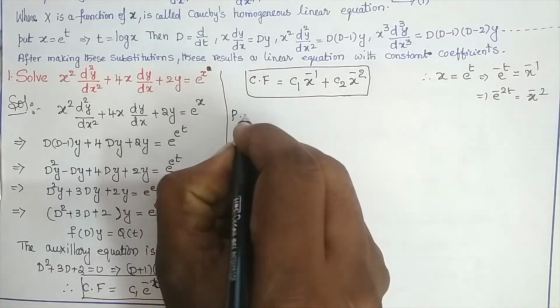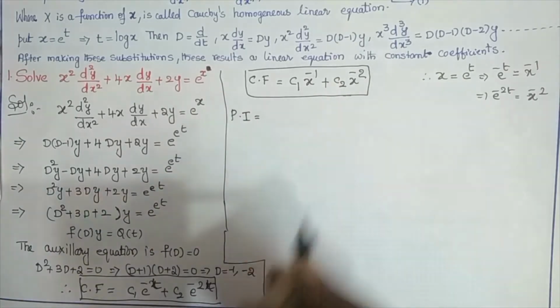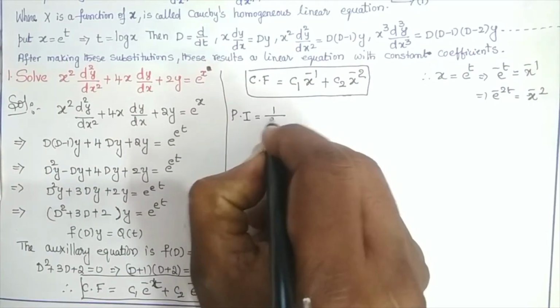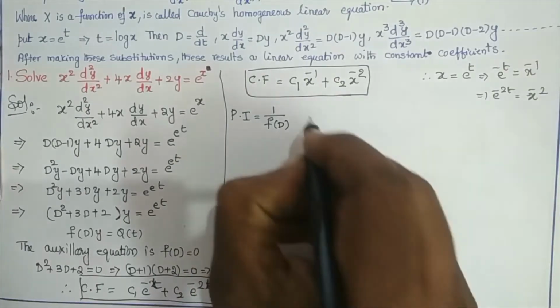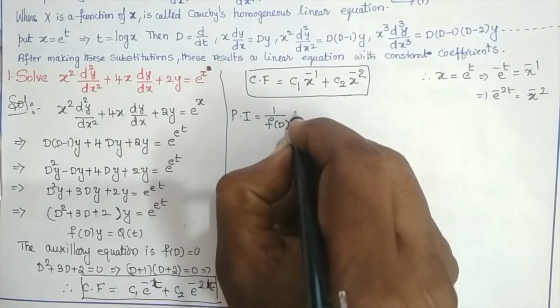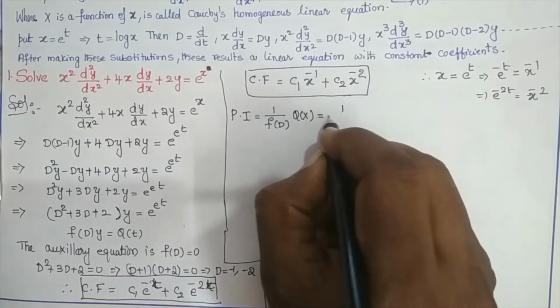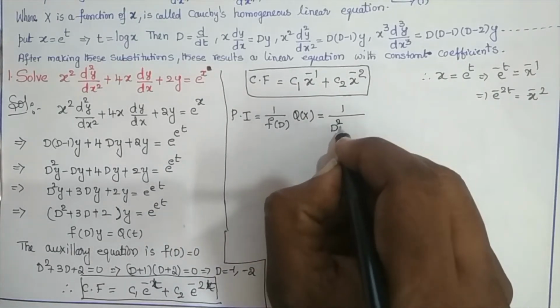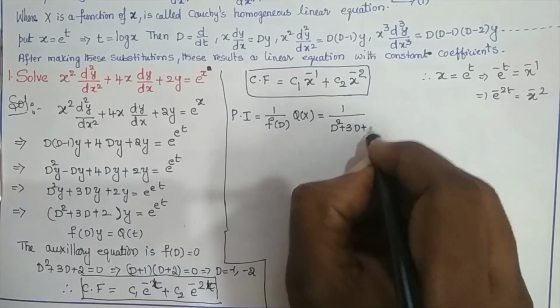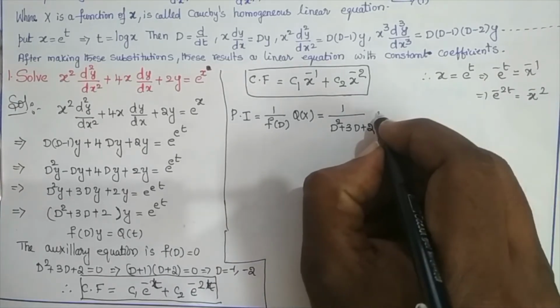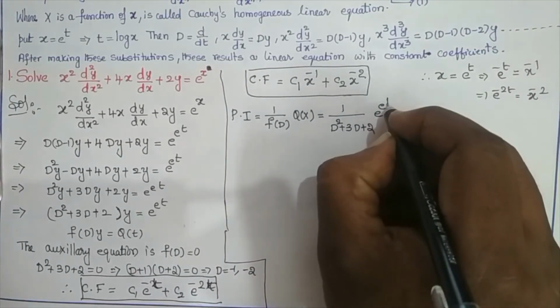The general formula for the particular integral is 1/f(D) into Q(x) or capital X. Let us replace: 1/(D^2 + 3D + 2) into Q(x), which is e^t.